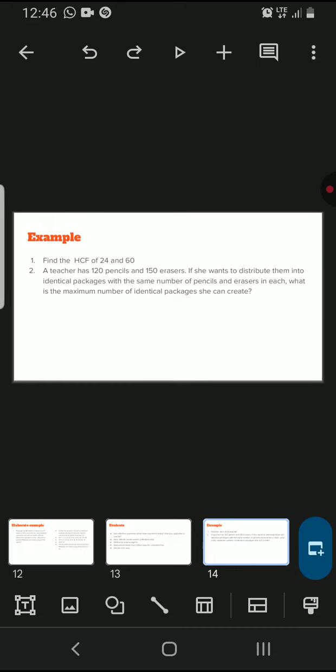Example, a teacher may give, find the highest common factor of 24 and 60, then give a scenario. Question 2, a teacher has 120 pencils and 150 erasers.